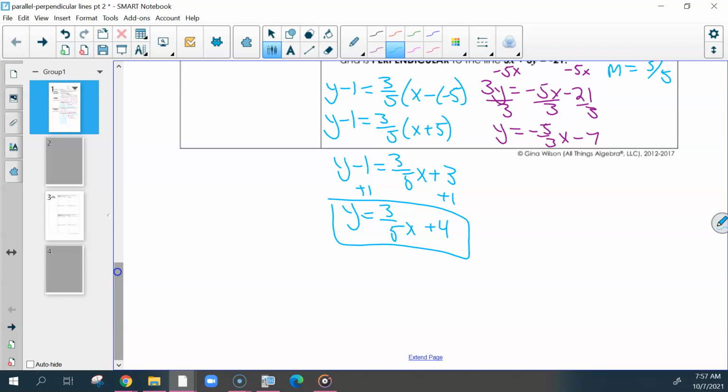And after you solve it, you should get the equation y equals 3/5 x plus 4.